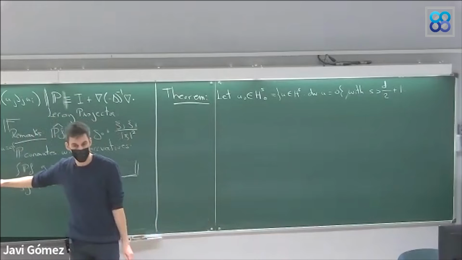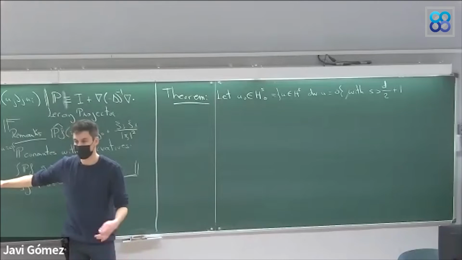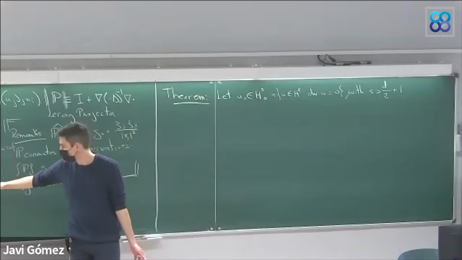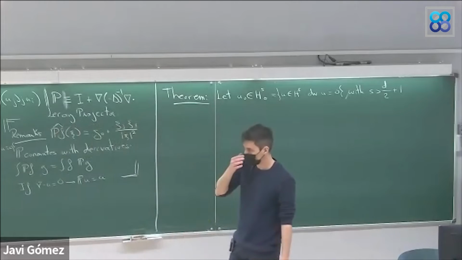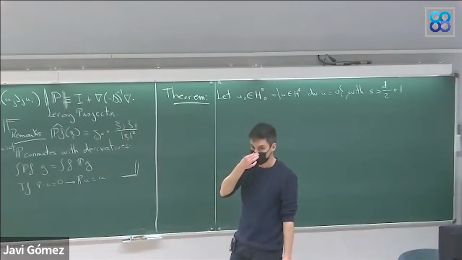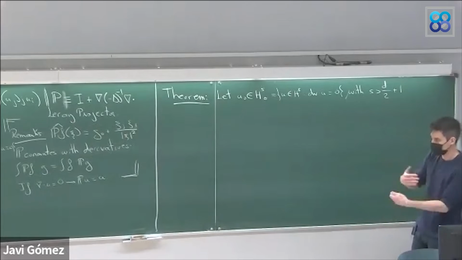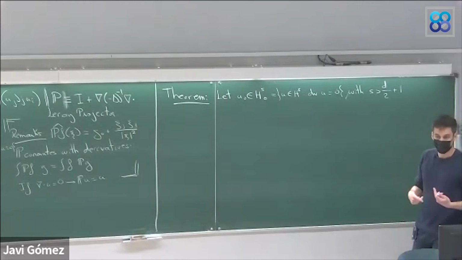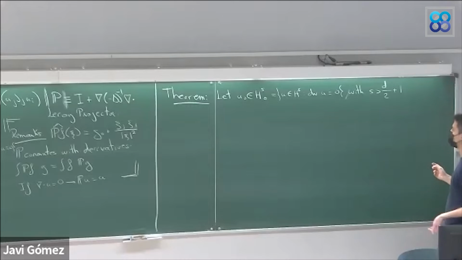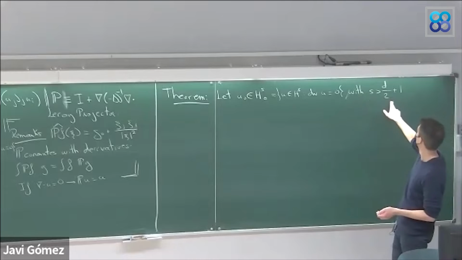I will not consider bounded domains, and also I will not consider periodic boundary conditions. For periodic boundary conditions, everything we are going to do is almost the same, but for bounded domains it's different and harder because we are going to use a lot of Fourier in all the estimates. So in this case, let's use u0.